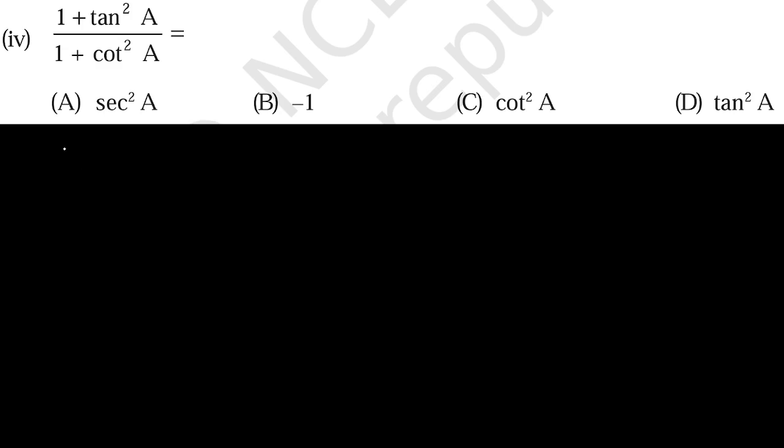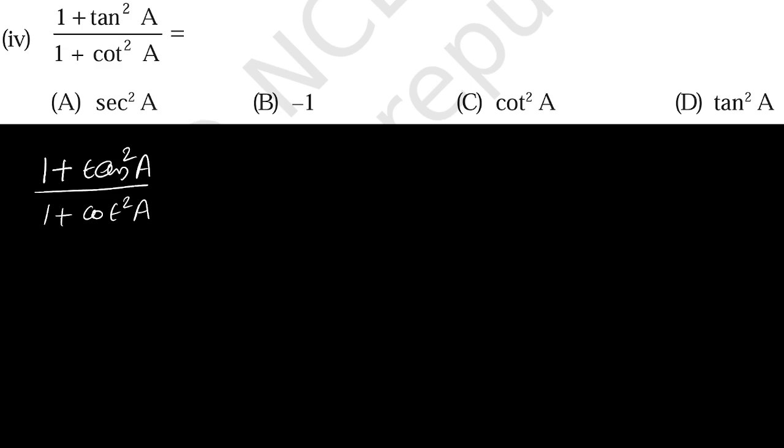So please listen. 1 plus tan square a. You studied 1 plus tan square a. Let me write the question: 1 plus tan square a divided by 1 plus cot square a. There are two methods. One method is there is an identity.